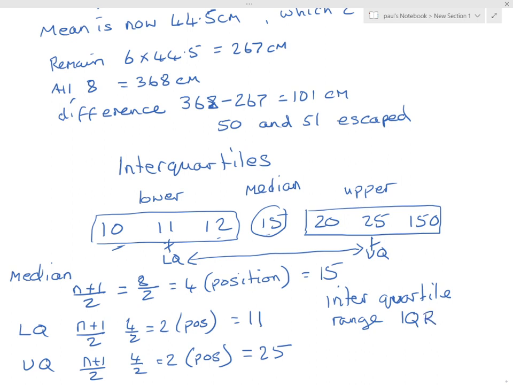We'll come across that again when we're doing a cumulative frequency graph, but for now we're just doing it with the data set. So the interquartile range is 25 for the upper quartile, take away the lower quartile, which is 11, and that gives us 16 as the interquartile range.